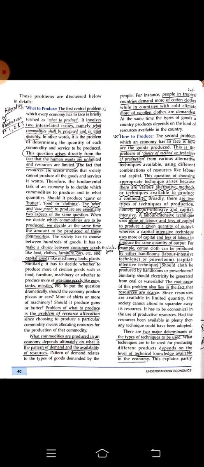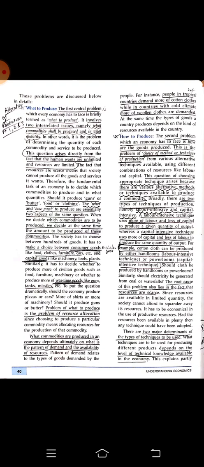So we have to be wise enough and decide which product we are going to produce in how much quantity, because more or less the resources have alternative uses. Should we produce guns or butter, food or clothes?